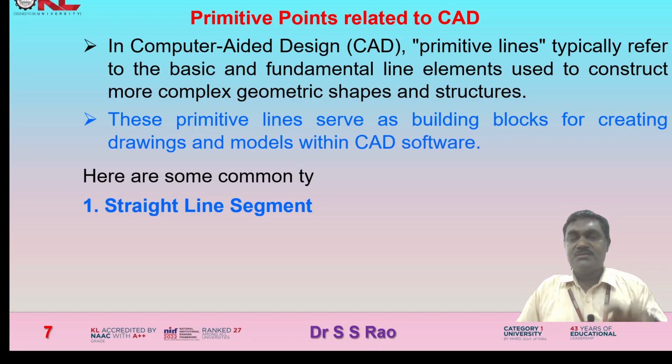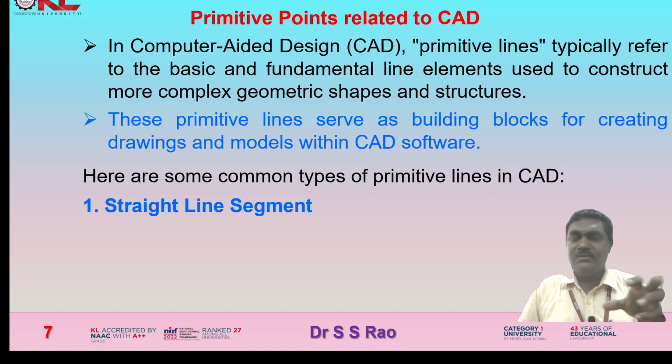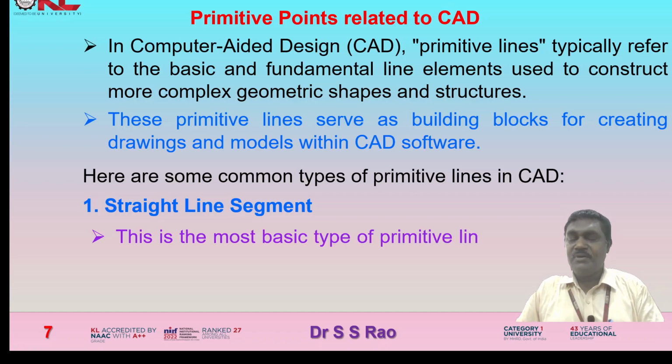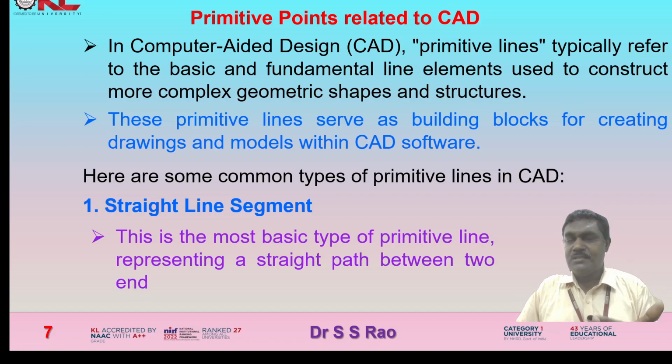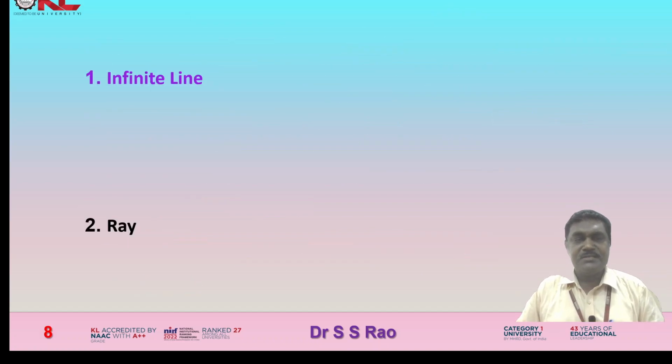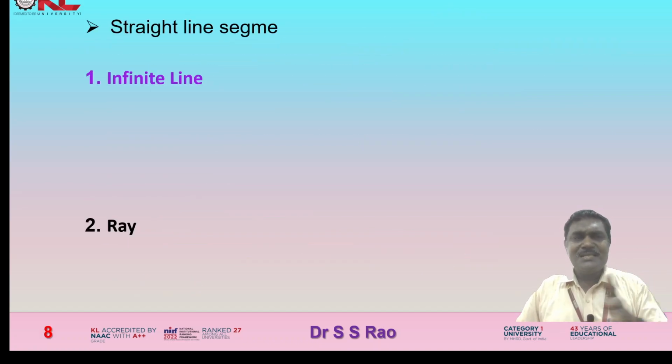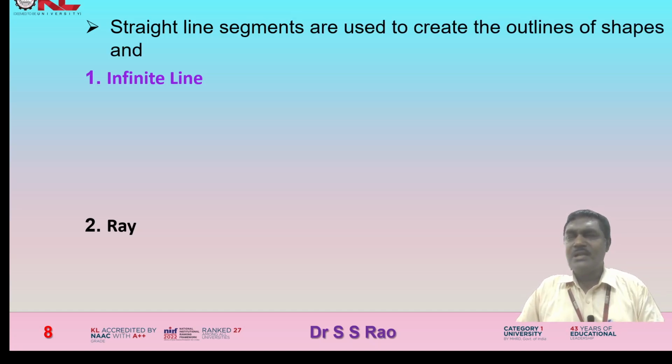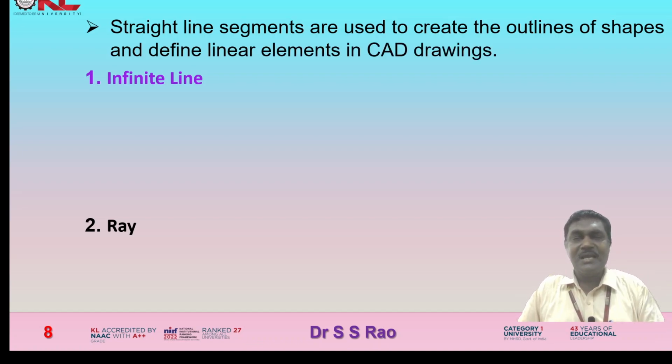Here are some common types of primitive lines in CAD. One is the straight line segment. This is the most basic type of primitive line, representing a straight path between two endpoints. Straight line segments are used to create the outline of shapes and define linear elements in CAD drawings.